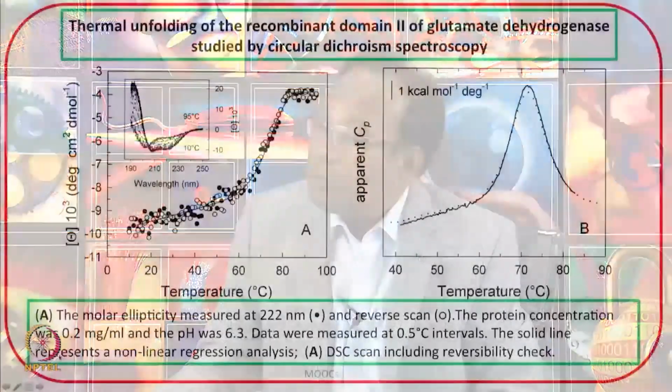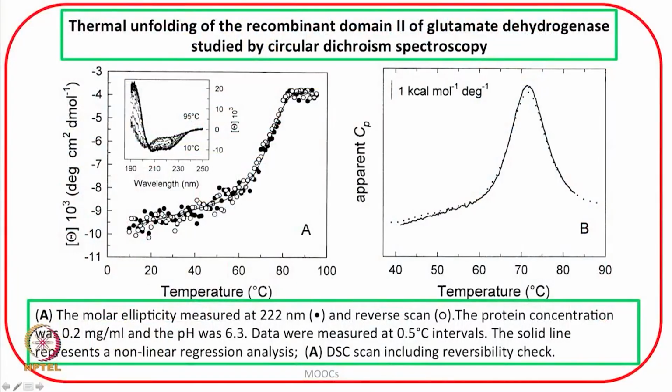How? Usually, the ellipticity change at 222 nanometer, which is the signature for the alpha helix structure in the protein. So, theta ellipticity at 222 nanometer also shows a sigmoidal kind of change when the temperature is increased.